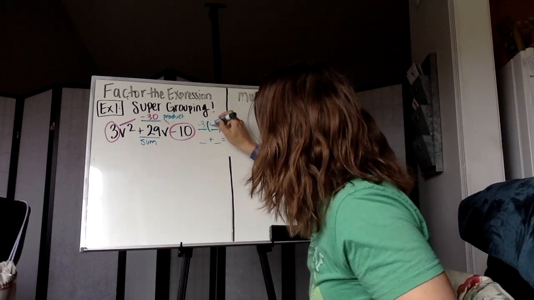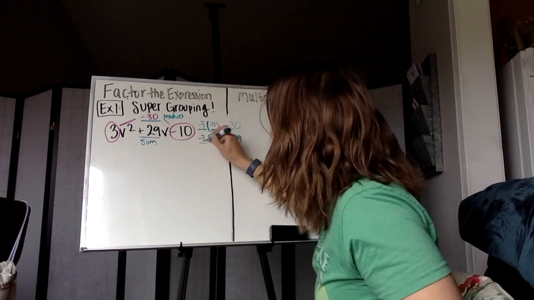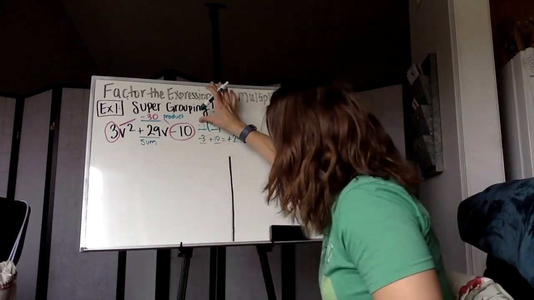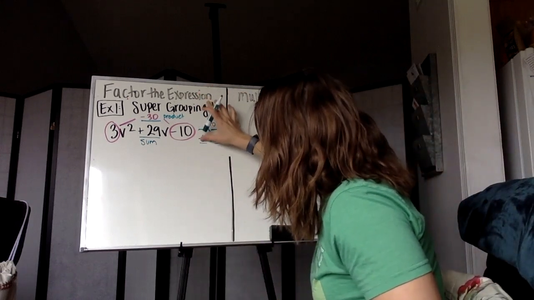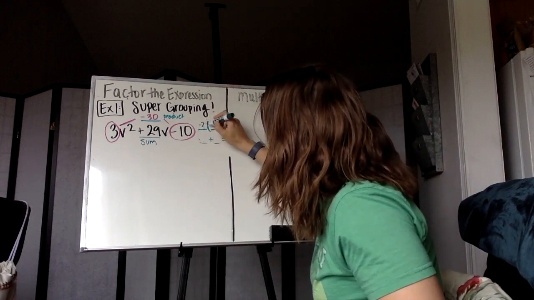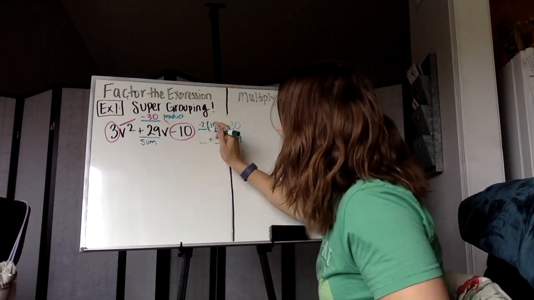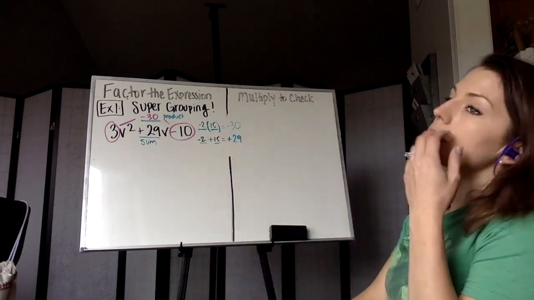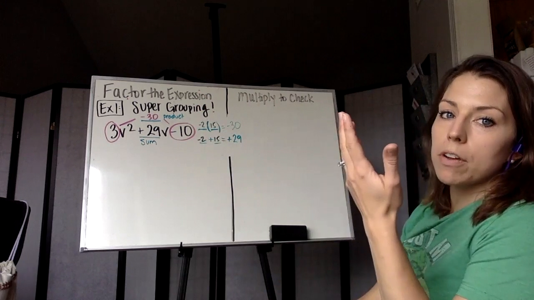Negative 3 times 10 is negative 30. Negative 3 plus 10 is 7. Also nowhere near. Negative 2 and 15. Negative 2 times 15 is negative 30. Negative 2 plus 15 is 13. Also nowhere near. What number am I forgetting about?